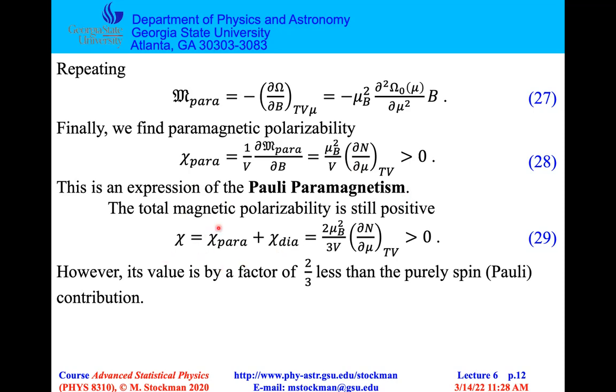So the total magnetic polarizability, if I add paramagnetic and diamagnetic part, diamagnetic is 1/3 of paramagnetic with minus sign. So 1/3 will cancel. I will be left with 2/3. It's still positive. So overall, magnetism of electron gas is a paramagnetism, but is less than predicted by spins.